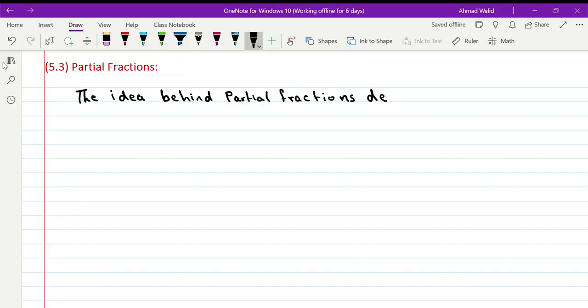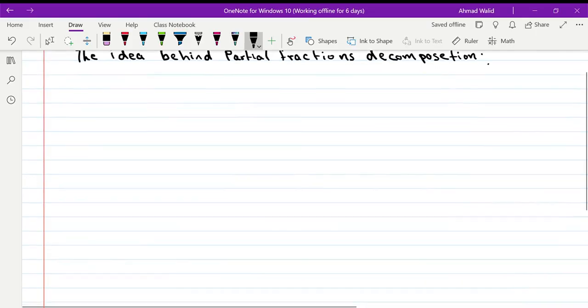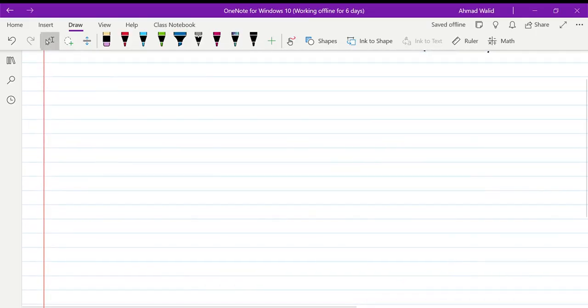We call it decomposition. Please focus. I want to explain to you first what is the idea behind partial fraction decomposition. Then we start partial fractions and decompositions. Correct?